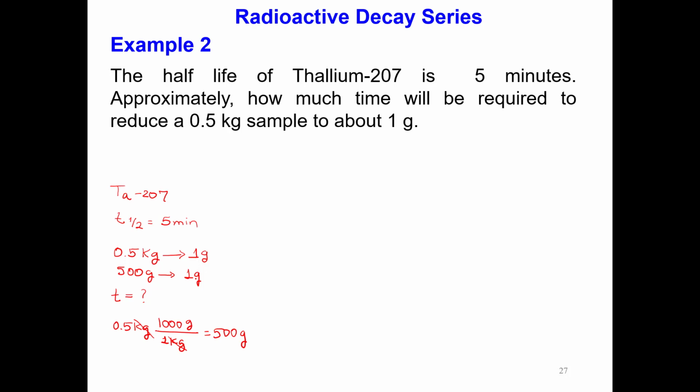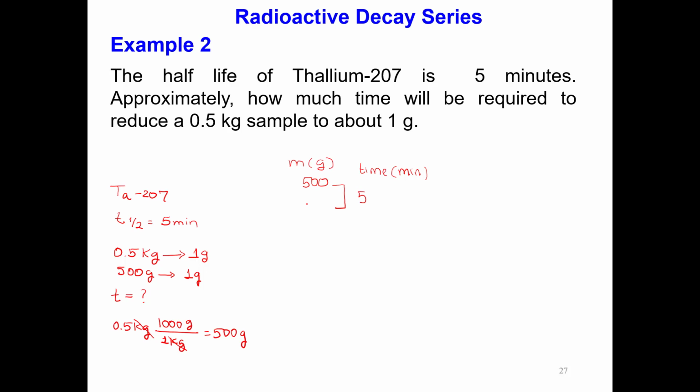Then now let's apply the half-life concept. Then the initial mass of the thallium is 500 grams. This is the mass of the thallium and it's in grams. Then after 5 minutes, let's write here, this corresponds to the time and is in minutes.